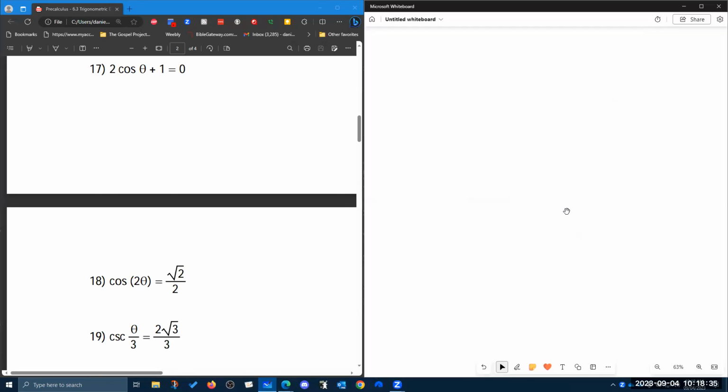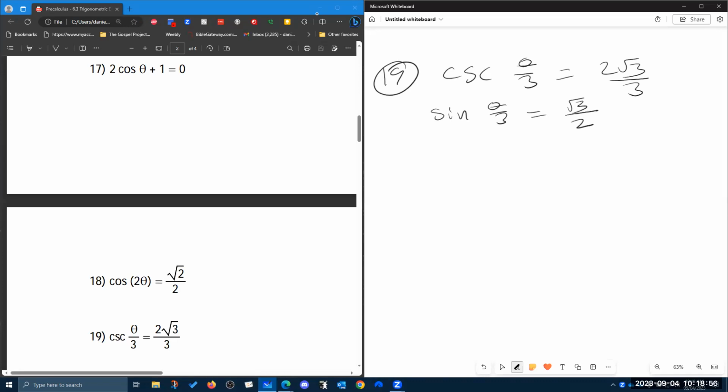All right. Let's look at number 19. Cosecant of theta over 3 is equal to 2 root 3 over 3. So that means that sine of theta over 3 is equal to root 3 over 2, which is the reciprocal of this.